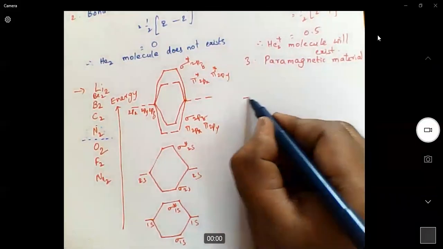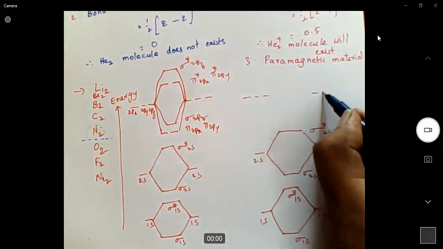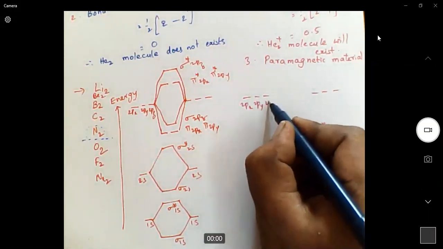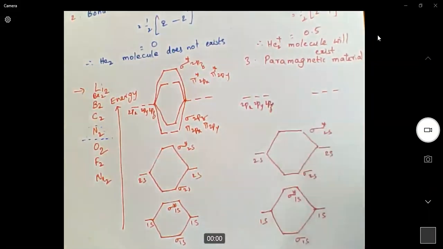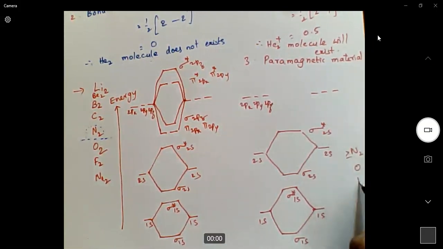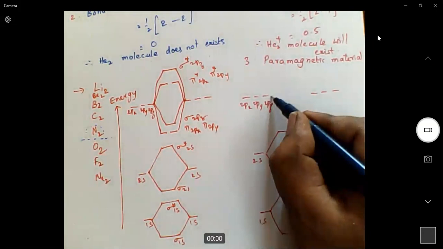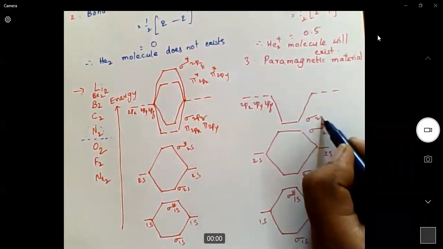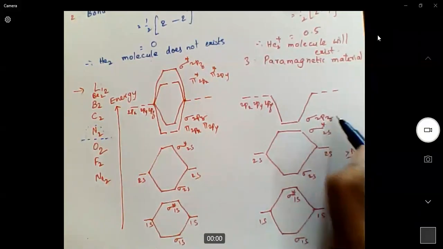When we have p orbitals, 2px, 2py, 2pz, for atoms nitrogen or greater than nitrogen, that means nitrogen, oxygen, fluorine, neon, for these atoms, the sigma bond will be the lowest energy. So this is sigma 2pz.